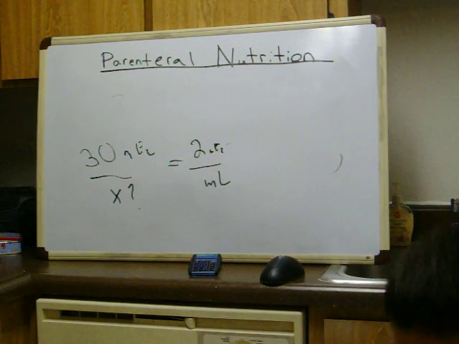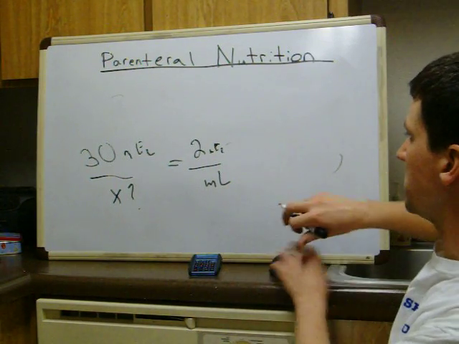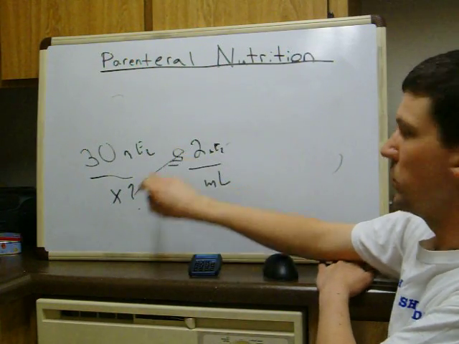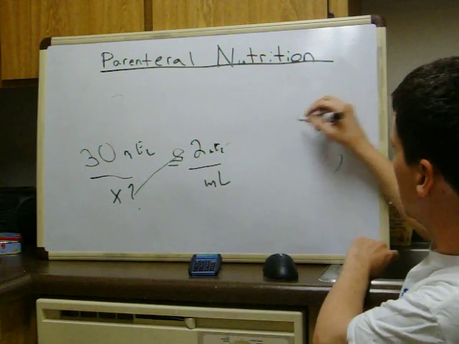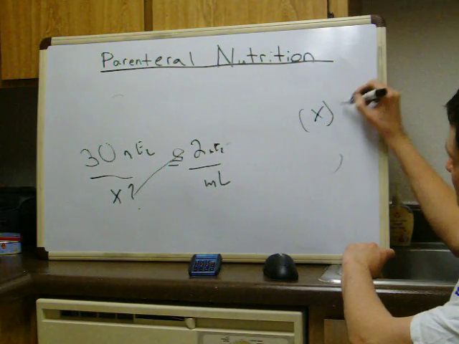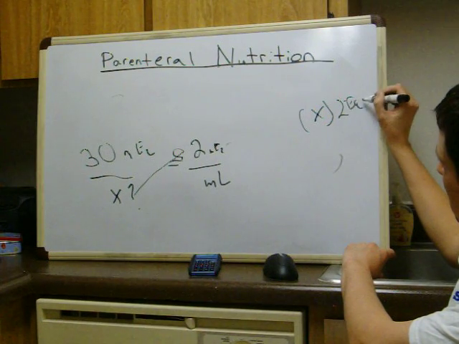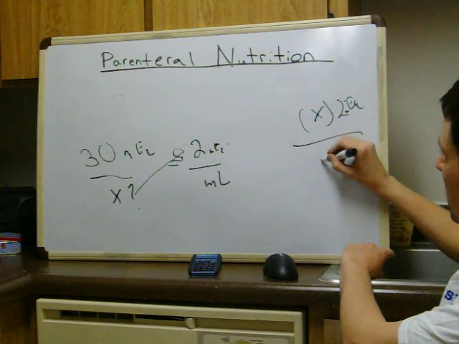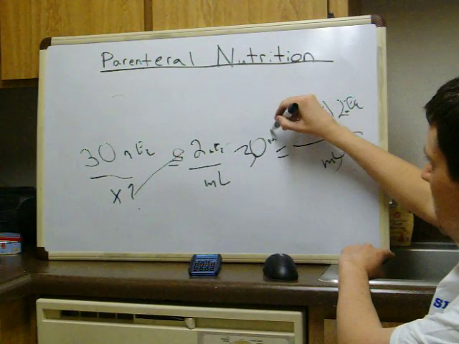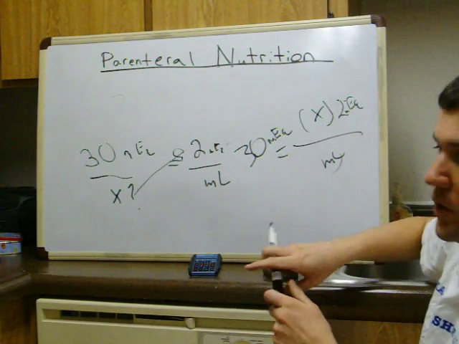So we do our proportions, we do our multiplications. We want to get x by itself, so we multiply x by both sides. So we get x times 2 milliequivalents over milliliters is equal to 30 milliequivalents.